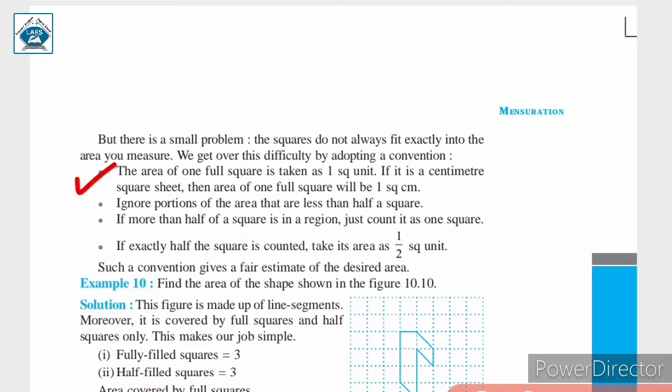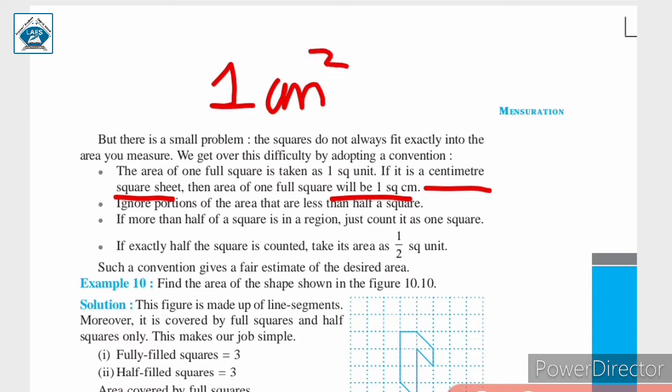Here, the area of one full square is taken as 1 square unit. That is, the area of one square here is 1 square unit. If it is a centimeter square sheet, then the area of one full square will be 1 square centimeter, or we can write it as 1 centimeter square. This will be the area of 1 square.